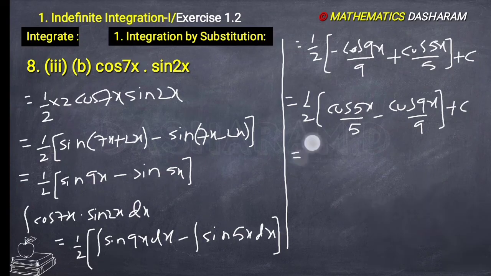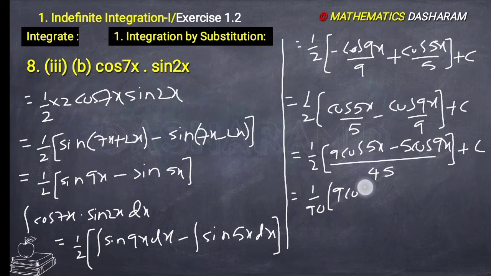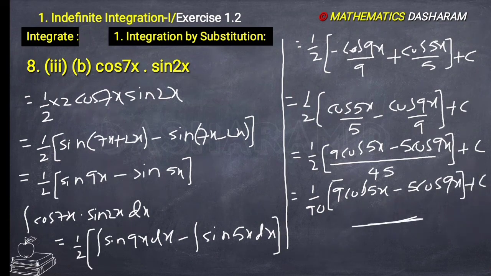So it is equal to 1 by 2, here take the LCM, 5 common and LCM 45, so 9 cos 5x minus 5 cos 9x plus c, and 2 into 45 is 1 by 90 into 9 cos 5x minus 5 cos 9x plus c is our required answer.